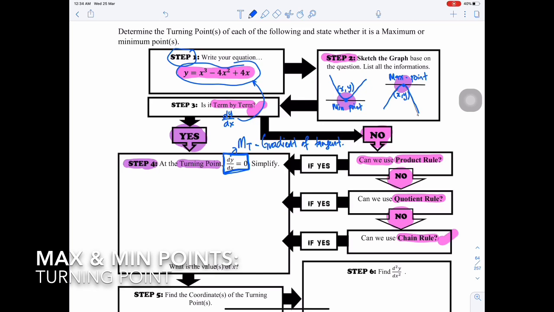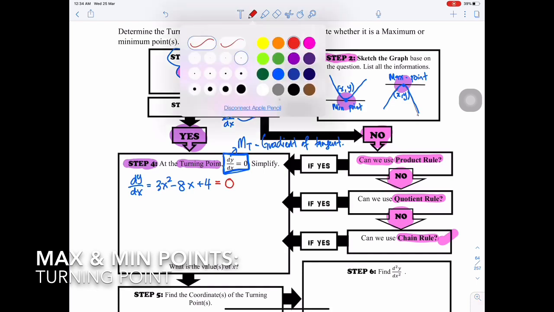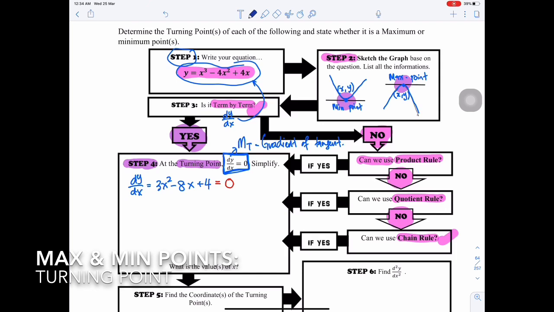First differentiate the equation. dy/dx equals 3x squared minus 8x plus 4. Then it tells you that at the turning point dy/dx equals 0, so 3x squared minus 8x plus 4 equals 0. As you can see, this is a quadratic.